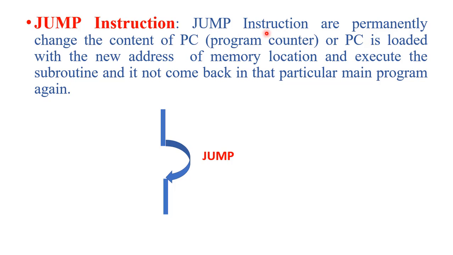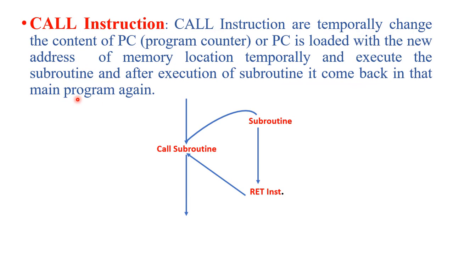So jump instruction permanently changes the content of the program counter, or the program counter is loaded with the new address of the memory location where the subroutine is stored, and the subroutine is executed and it does not come back to the main program again. This is called jump instruction.